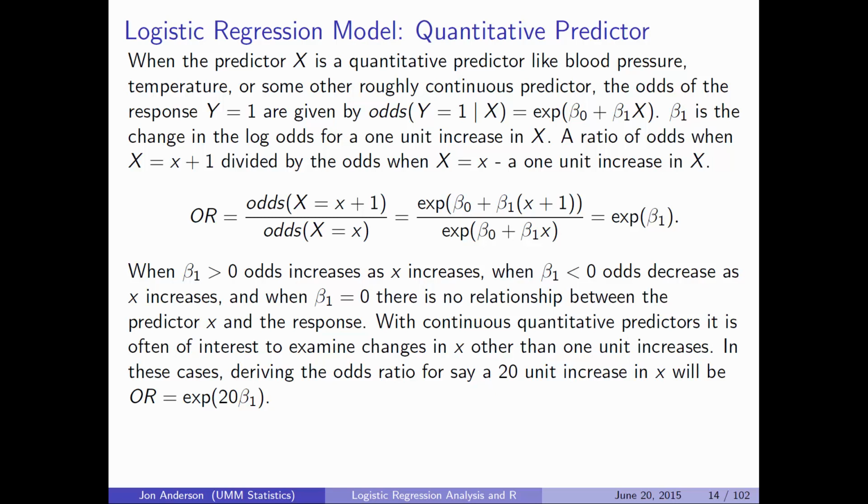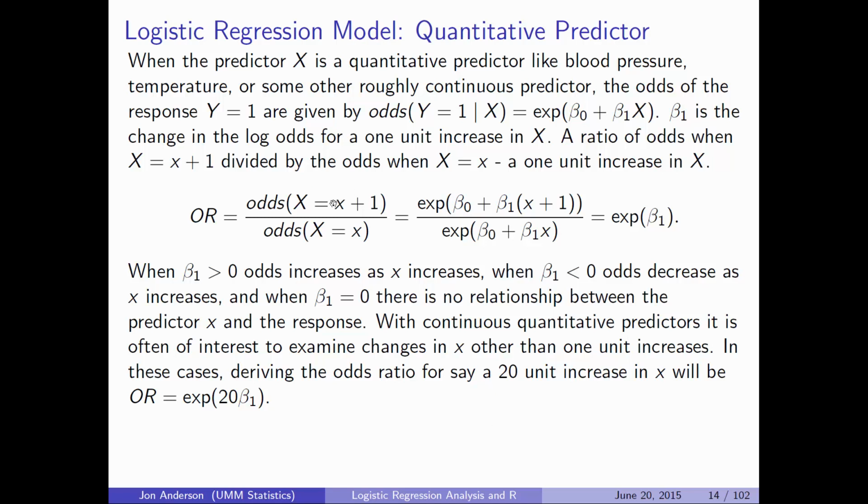How much additional risk do you get of the event when the predictor goes up by 1 unit? When beta 1 is a positive number, of course, it means the risk goes up. When beta 1 is negative, it means the risk goes down. Sometimes, though, you might want to talk about an effect not in terms of 1 more unit of x, but maybe 20 more units of x.